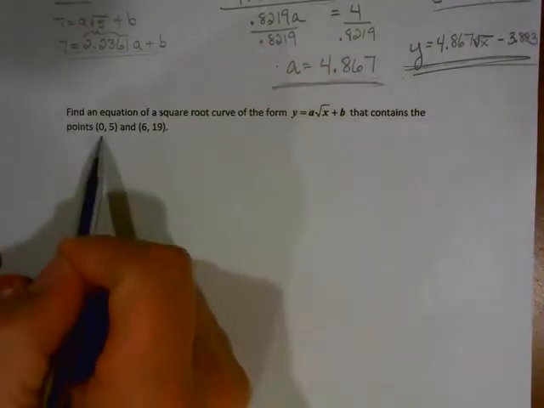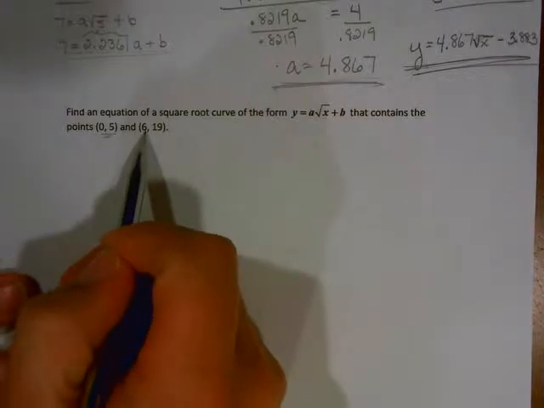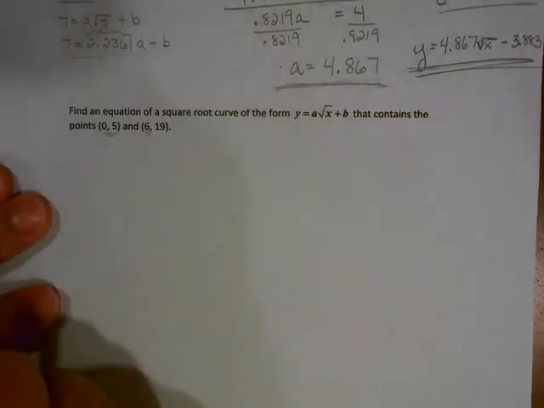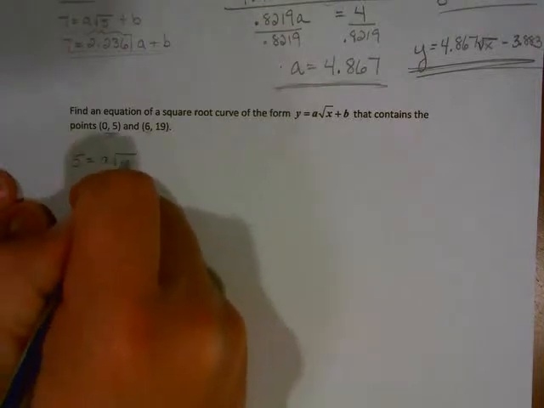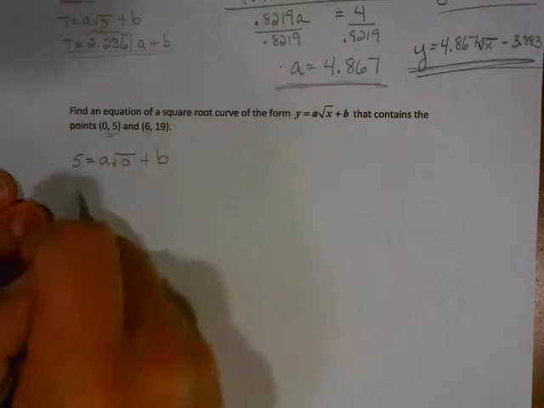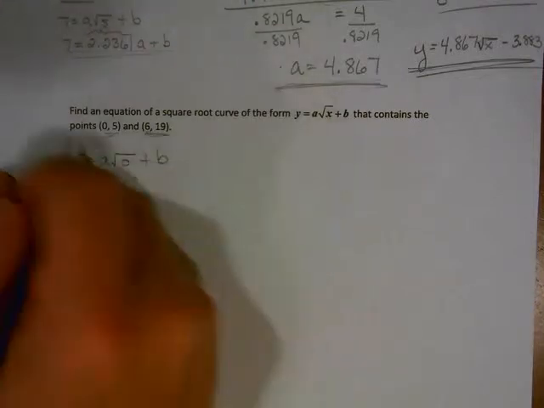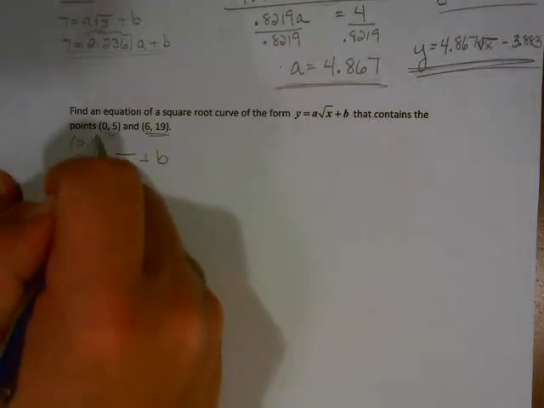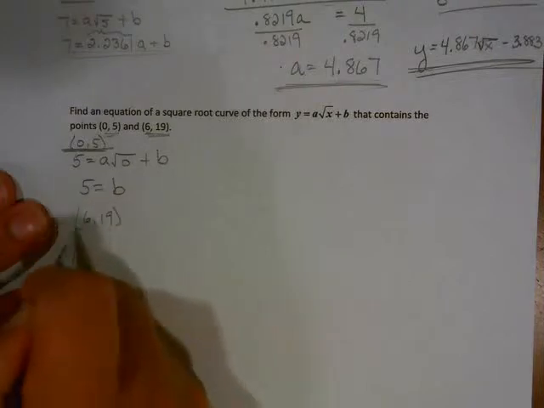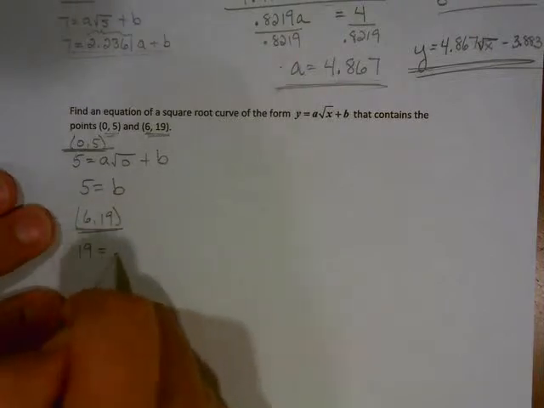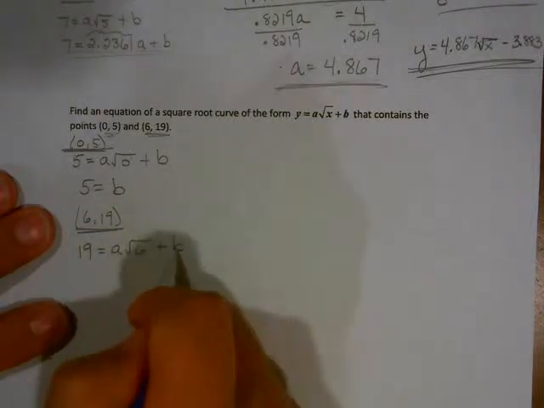So this one's going to be nice again because I'm given the y-intercept, but not so nice because I don't have a perfect square there. So if I start with 0, 5, 5 equals a square root of 0 plus b, so I get 5 equals b. But when I use my point 6, 19, it's going to be 19 equals a square root of 6 plus b.